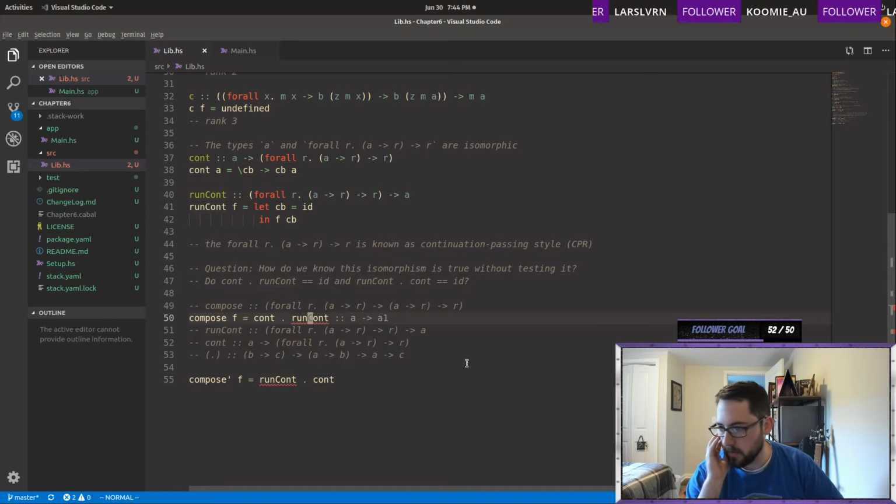This is weird. Why does it say A to A1? I'm having a really hard time understanding what this is doing. That's not the type.